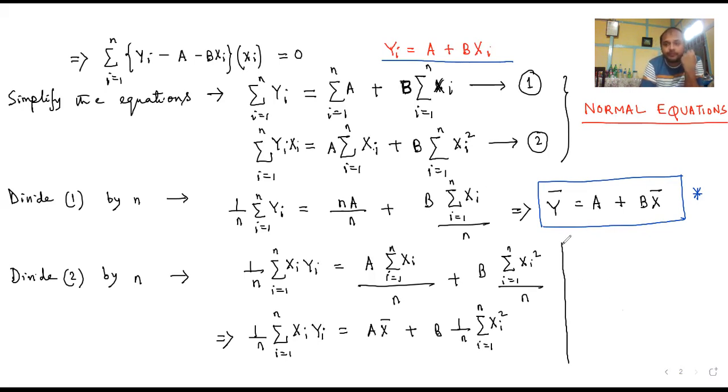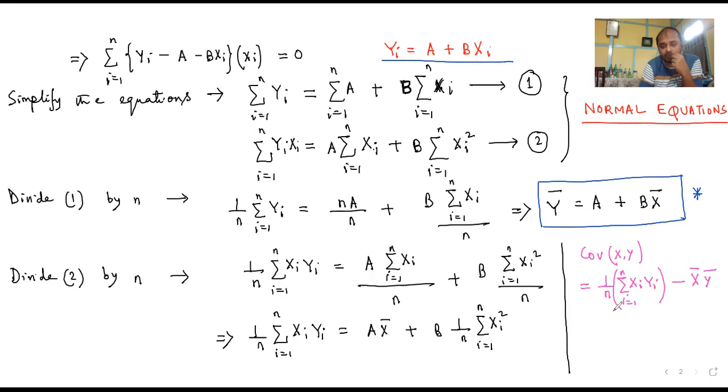Remember that covariance of xy has a computational formula of the following form. It is given by 1 by n summation i goes from 1 to n xi yi minus x bar y bar.